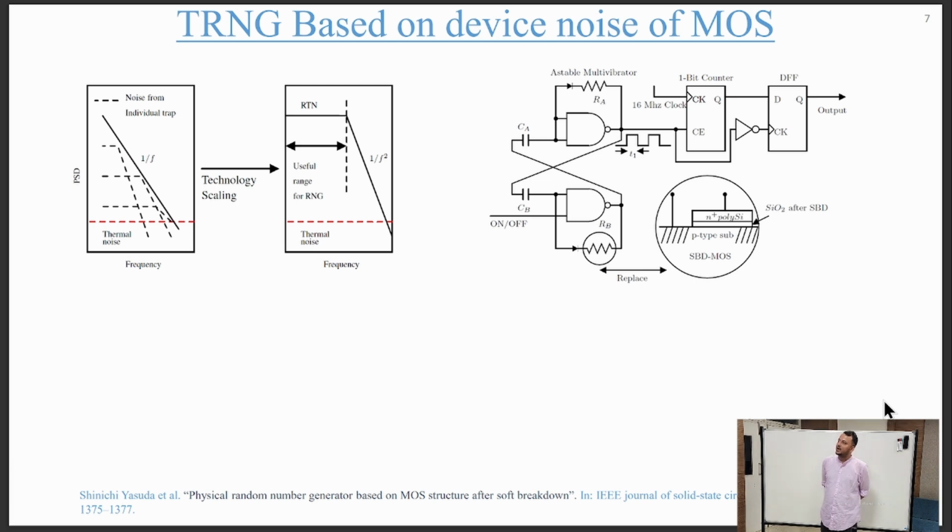In a highly scaled transistor, the 1/f noise after technology scaling becomes flat for some spectrum, but up to very low frequency it can be used to extract randomness. The shortcoming in these kinds of TRNGs is that the throughput is very low.